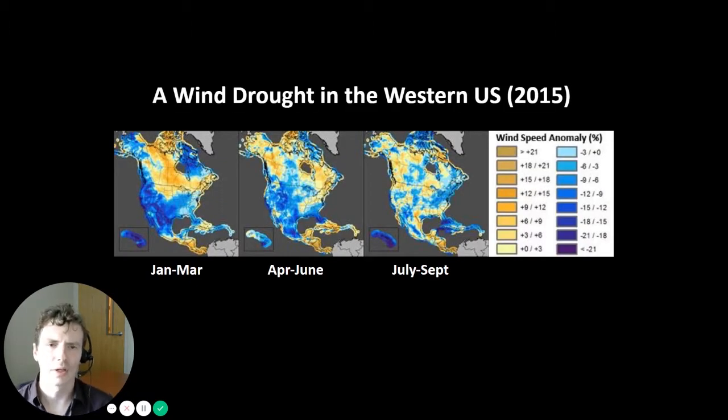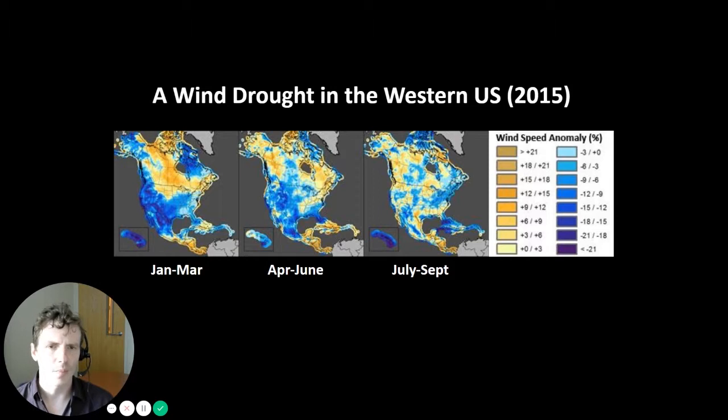We can also look at uncertainty in variable renewable energy production on larger time scales, right? On a seasonal or year-to-year time scale. And a great example of that is actually this wind drought that occurred in the Western United States several years ago, around 2015. And what this figure shows, you have three different pictures of the United States that represent a couple different months at a time: January to March, April to June, and July to September.